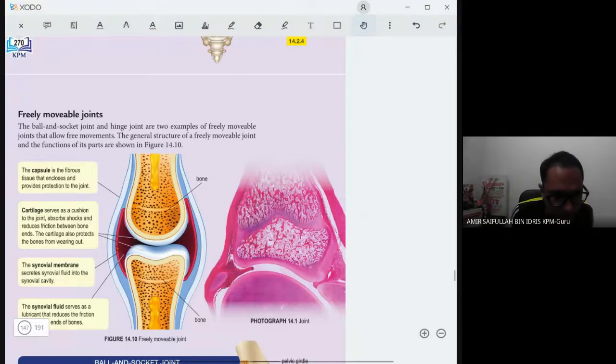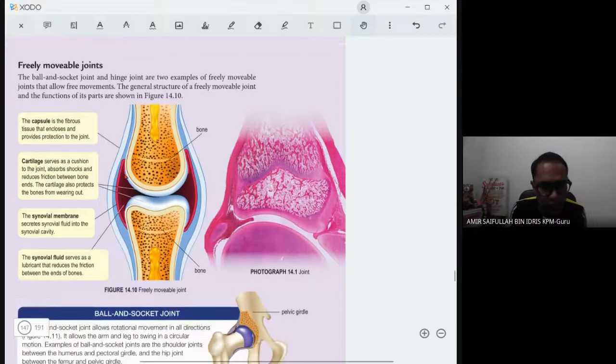Okay, next, the purple line. You see on the purple line here, this is the synovial membrane that secretes the synovial fluid. Synovial fluid is a type of fluid for protection. It's like oil. It reduces the friction. So the synovial membrane will secrete the synovial fluid into the synovial cavity.